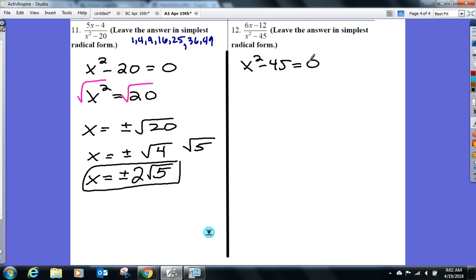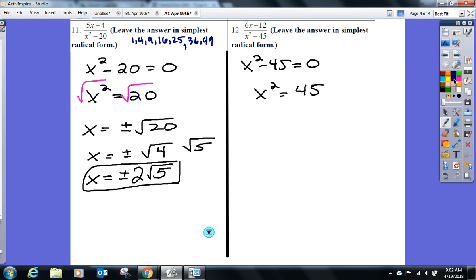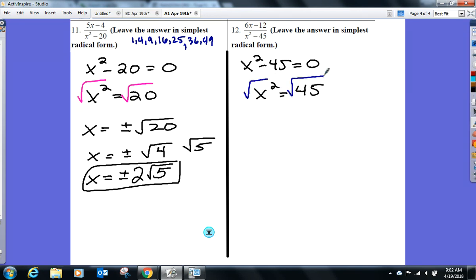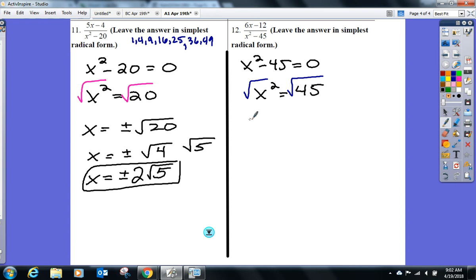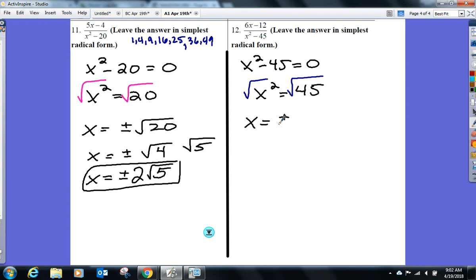If this was a 25, a 9, a 16, I could factor it using difference of two perfect squares. But since it's not, I can't factor it. So I move the 45 over. x squared equals 45. Take the square root of both sides. So x is going to be equal to plus or minus the square root of 45.